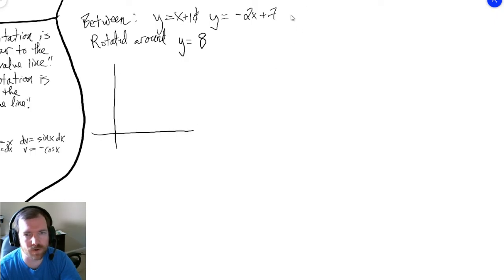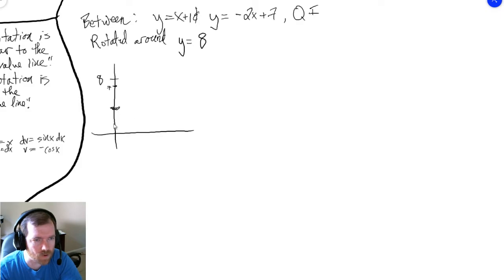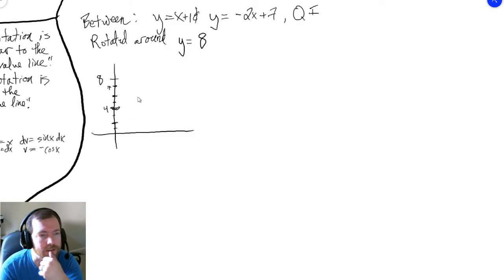And again, that's going to be in quadrant 1. Alright, pretty close, not quite, but whatever.